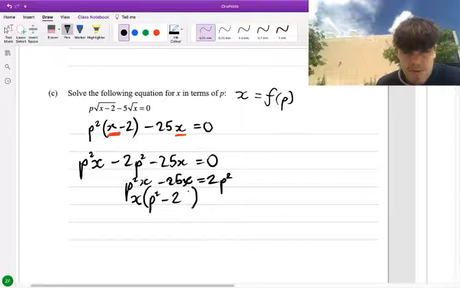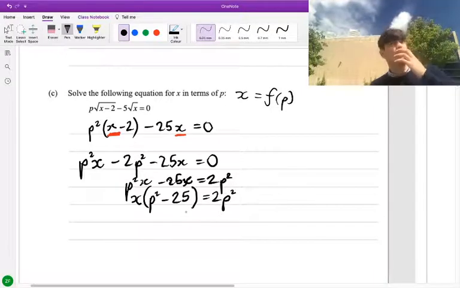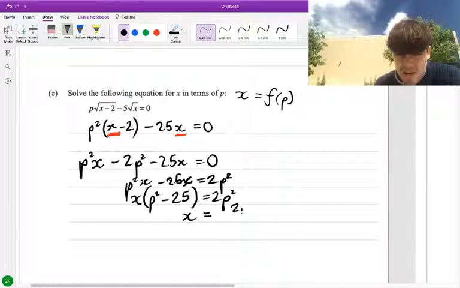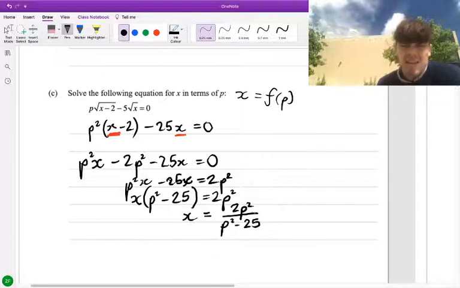That's just minus 25. See now how I've got x by itself. It's generally what we're trying to do here. So once x is by itself, we'll just divide it by this whole bracket. And then it will just be x isolated on one side. So it's going to be 2p squared divided by p squared minus 25. And that is the answer.